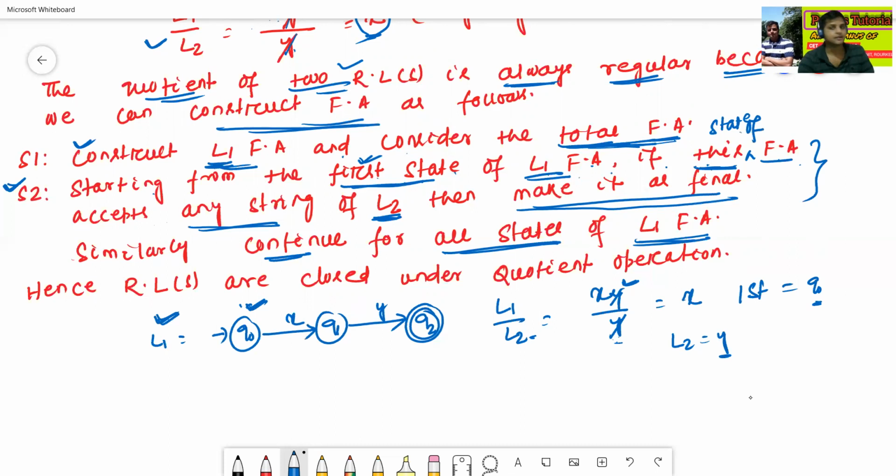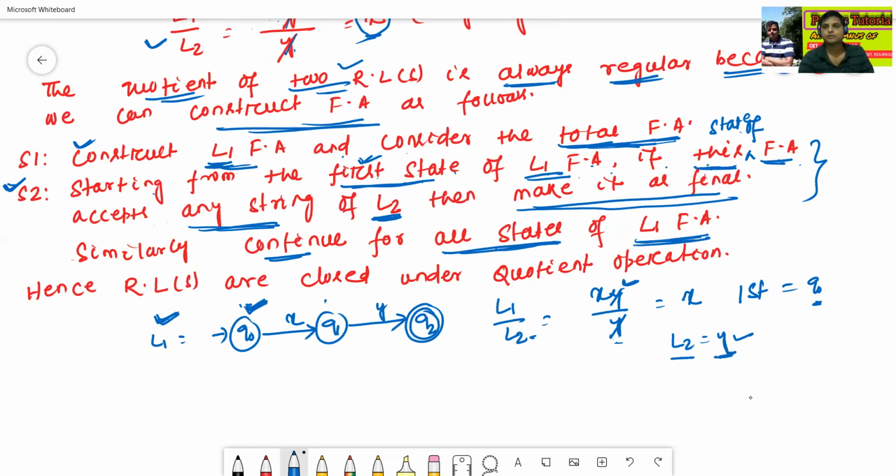If this state of the finite automata accepts any string of L2, where L2 contains Y, then make it final. Since Q0 does not accept Y, we cannot make Q0 a final state. Then similarly continue for all states of L1 finite automata.